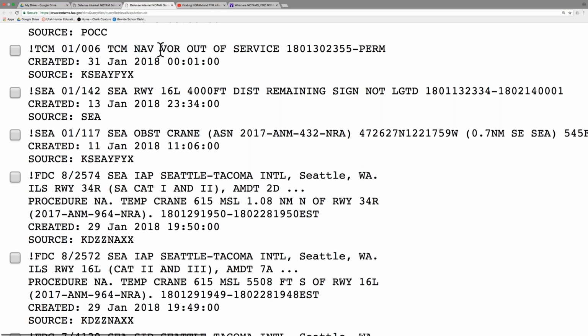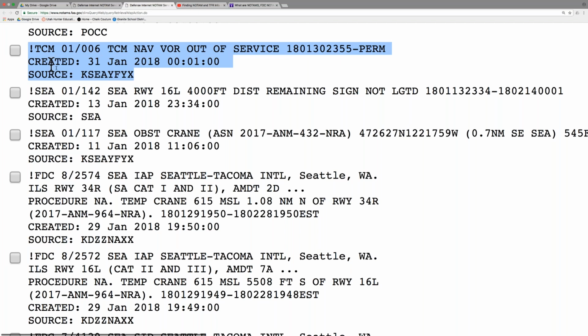The TCM VOR is out of service. May affect one of our approaches. Most likely not, because this is a permanent, right? And look at the date stamp for when this is effective: January 30th, 2018. So this one just barely went into effect.